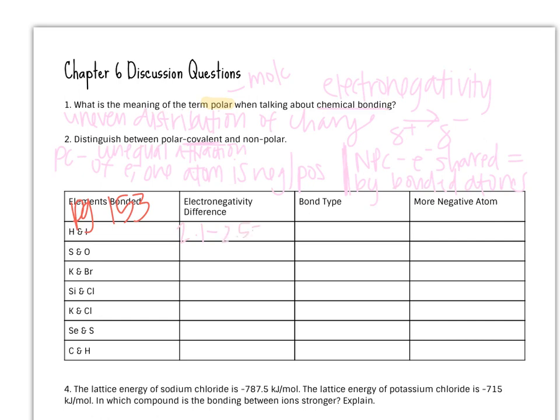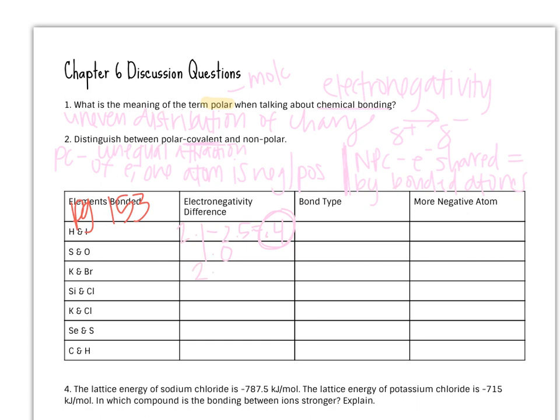If I did that, I'd get a negative number, but make it positive, just swap it around, and the answer is 0.4. That's all I needed was 0.4, but I'm just showing you how I got it. The electronegativity for oxygen is 3.5. The electronegativity for sulfur is 2.5, so there's a difference of 1.0.